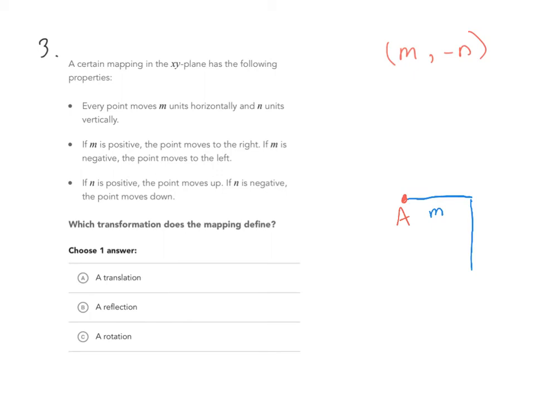And this would be where my new point would be. And we have to determine, with that kind of movement, would that be a translation, a reflection, or a rotation? In this case, we should notice that it's just sliding from left to right, up or down, and that is what we call a translation.